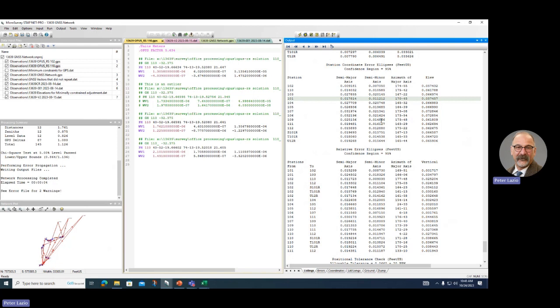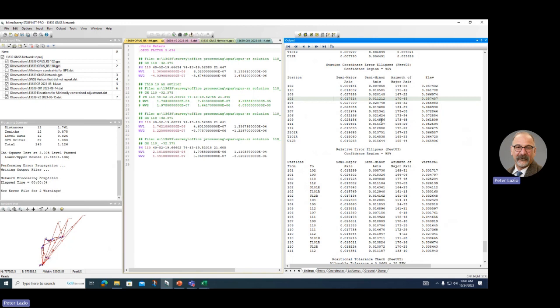For static, every point has at least two independent occupations. My take is that the centering error is based on the fact that you're going back over and over again, and each setup is independent. It's a little bit different from the other, so that gets built into the vector itself.